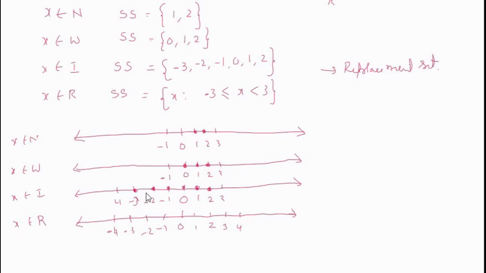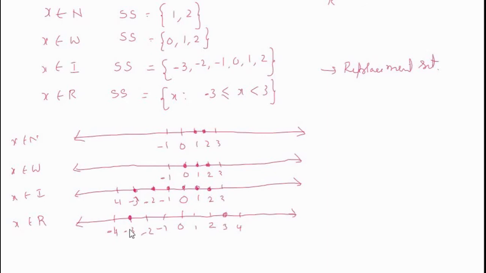Minus 3 is part of the solution because x is greater than or equal to, so that is a thick circle. What is the other extreme end? That is 3. It is less than 3. 3 is not included, so we mark a hollow circle. What it means is all the numbers up to 3 are included but not 3. If it is 2.999, that is included but not 3.